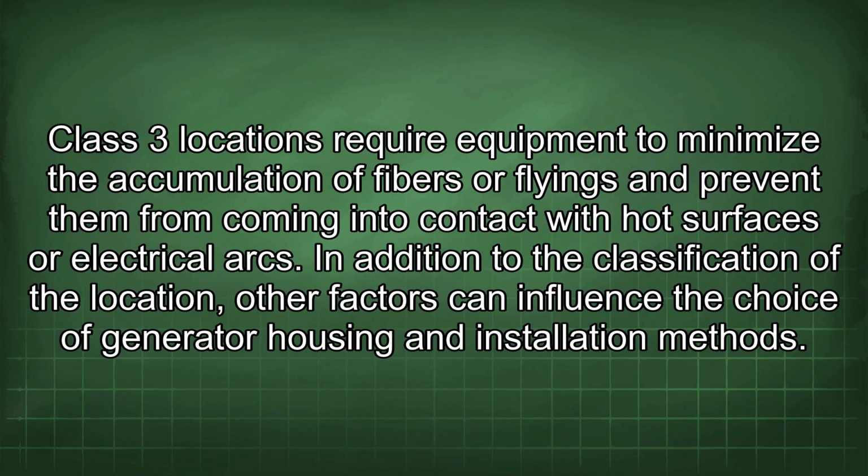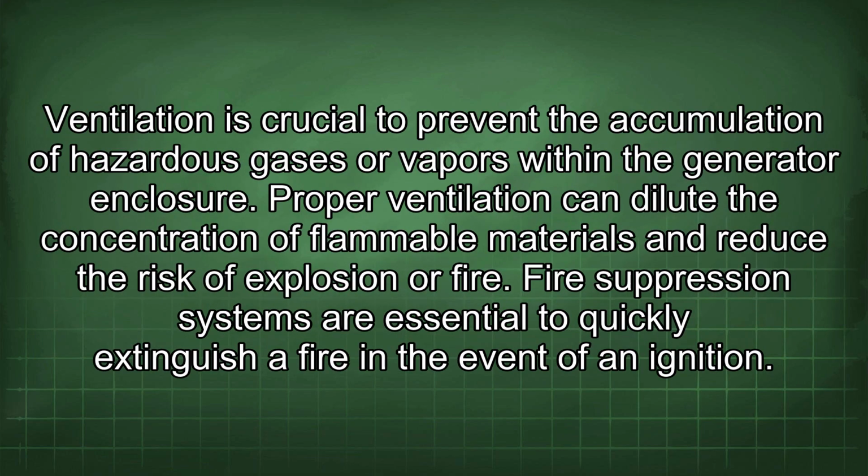In addition to the classification of the location, other factors can influence the choice of generator housing and installation methods. Ventilation is crucial to prevent the accumulation of hazardous gases or vapors within the generator enclosure. Proper ventilation can dilute the concentration of flammable materials and reduce the risk of explosion or fire. Fire suppression systems are essential to quickly extinguish a fire in the event of an ignition.